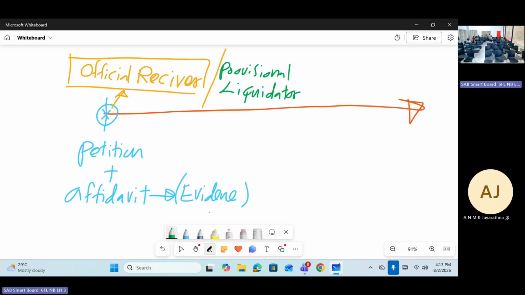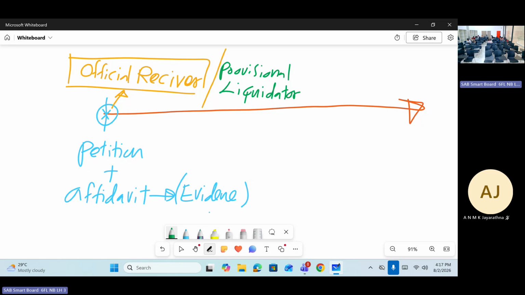The official receiver, by virtue of his office, will be appointed as the provisional liquidator.